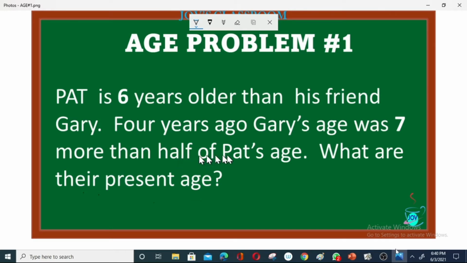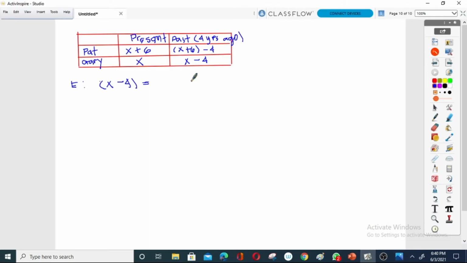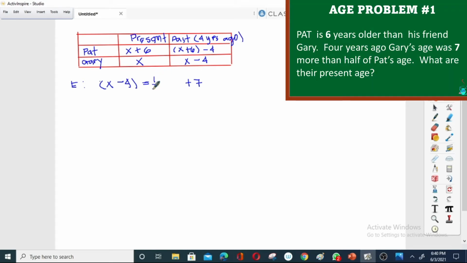Half of Pat's age. So more than 7, we need to add plus 7 to half of Pat's age. What is Pat's age? This one, X plus 6. So we will simplify this one: x plus 6 minus 4 is x plus 2.